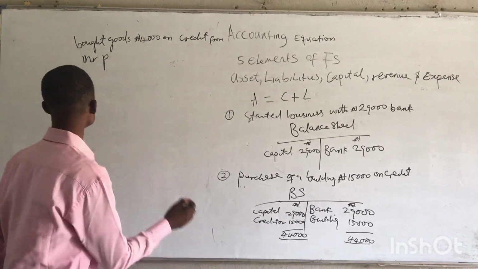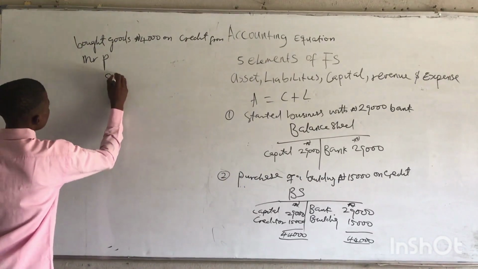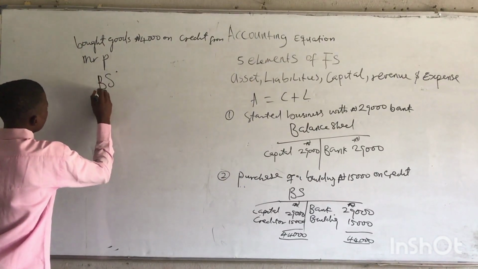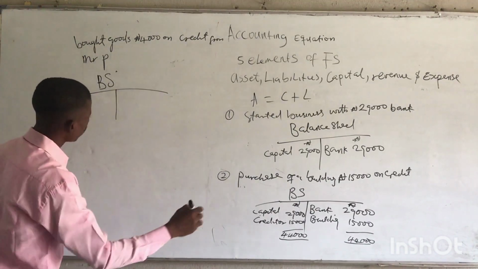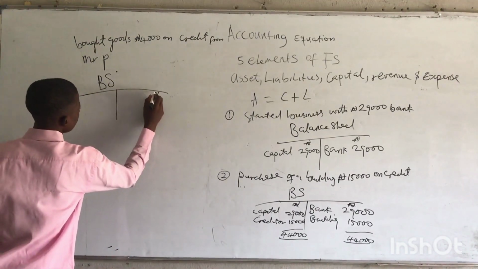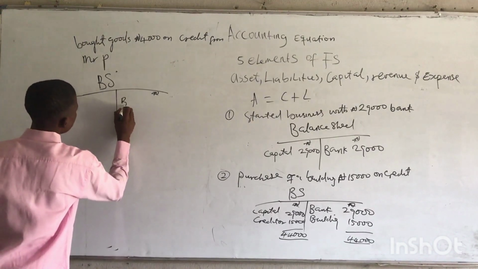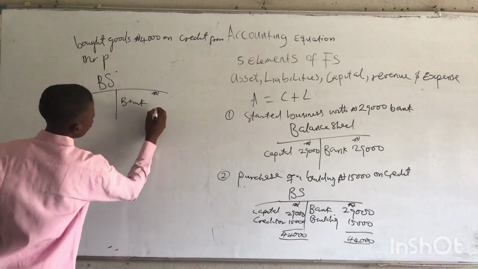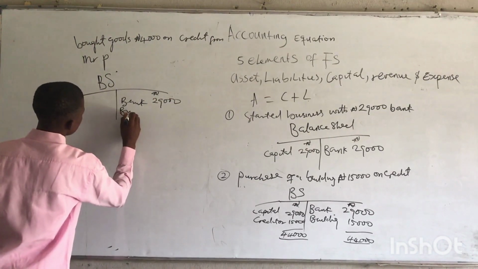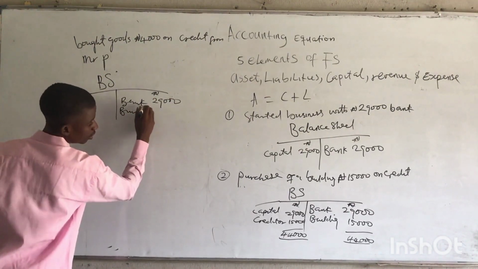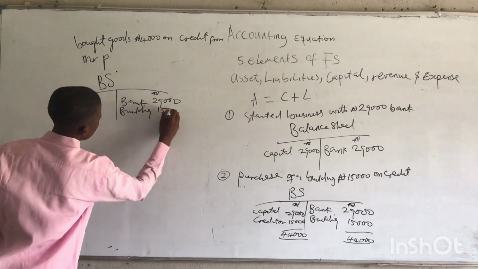The balance sheet will now change. Bring down what I have already. Bank 29,000 naira. Building 15,000 naira.